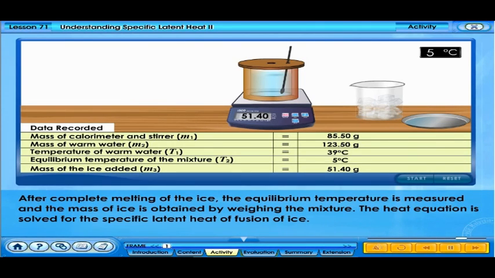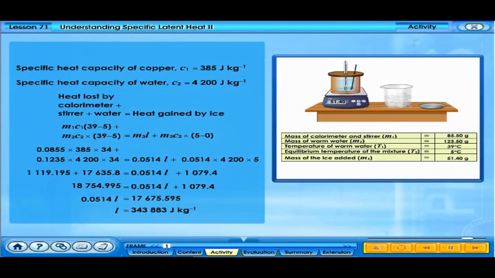The heat equation is solved for the specific latent heat of fusion of ice. The heat lost by warm water and calorimeter is equal to the heat gained by ice and ice water. Thus, the latent heat of fusion of ice is 82 calories.